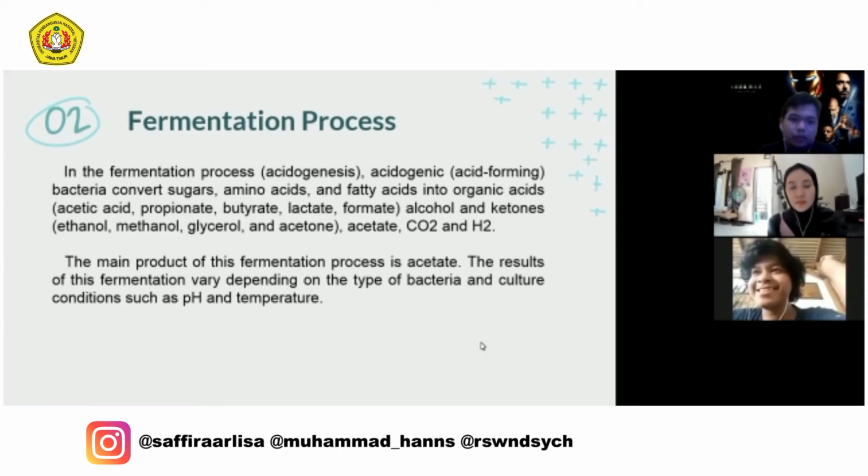The main product of this fermentation process is acetate. The result of this fermentation varies depending on the type of bacteria and culture conditions such as pH and temperature.